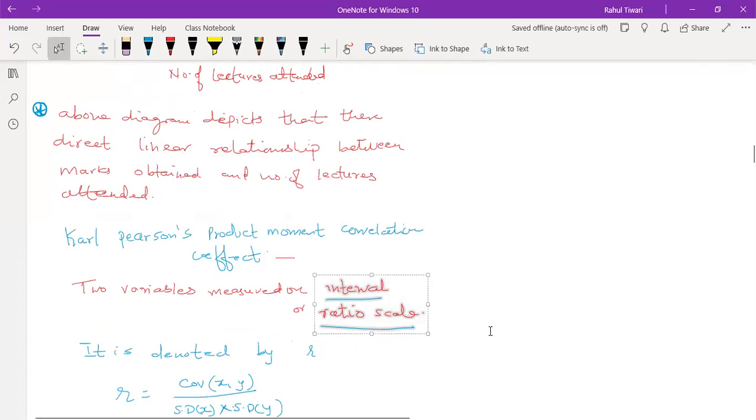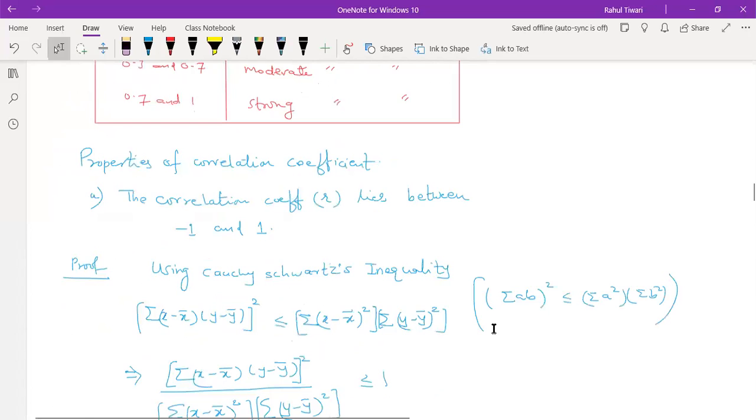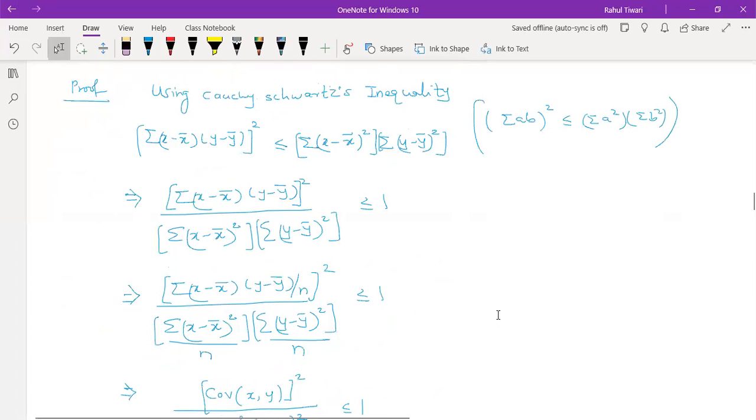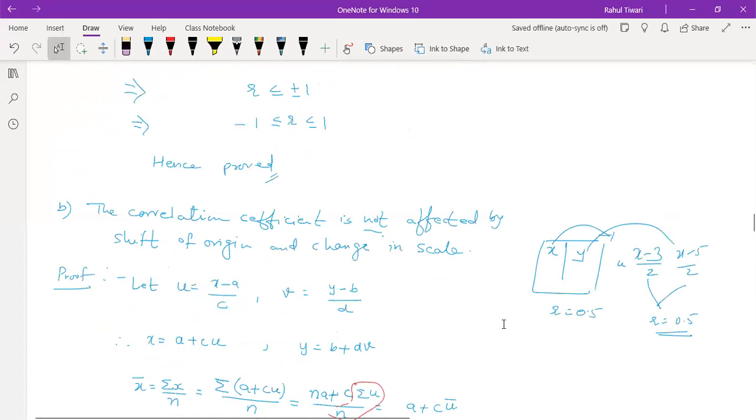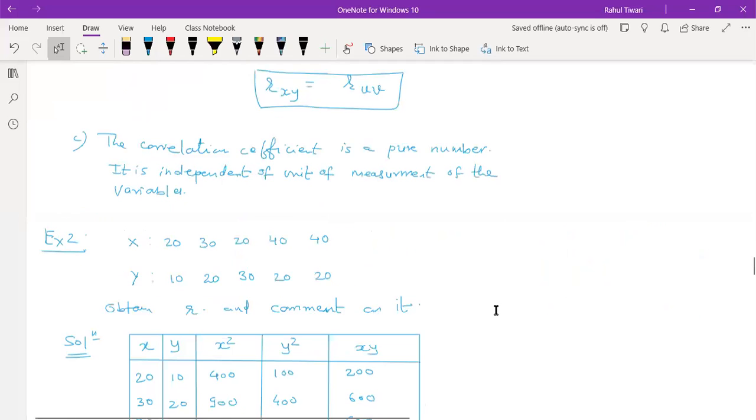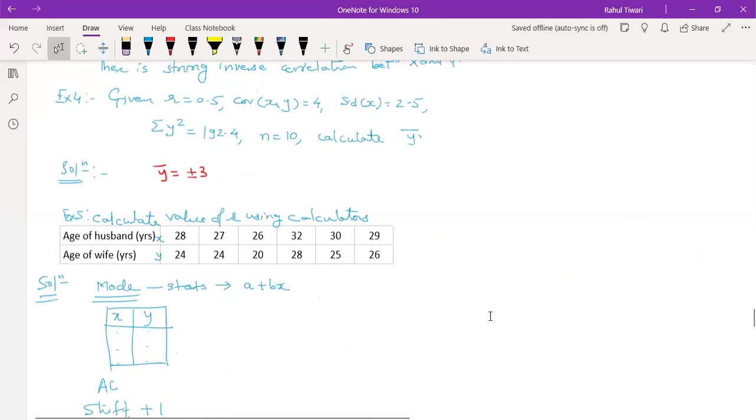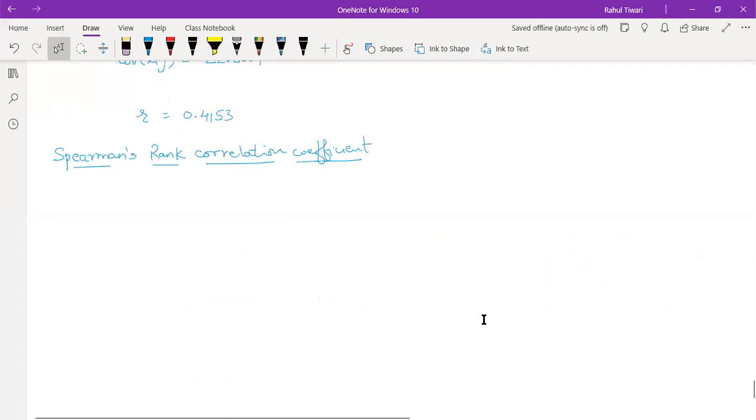But the remaining scale, I will talk about the ordinal scale. When we have data in the form of ordinal data, this can be computed.